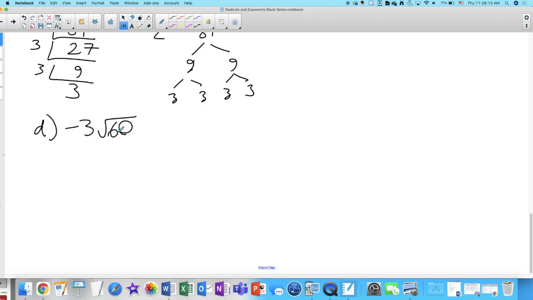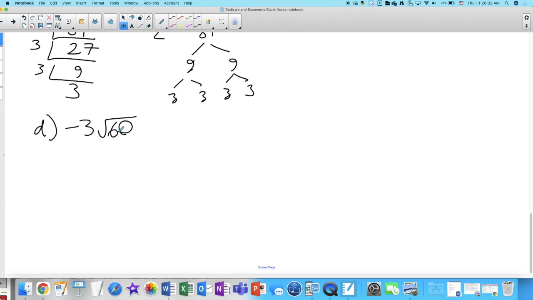But it's not simplified. So to simplify it, we actually have to just work on the square root of 60. And then the whole thing gets multiplied by -3. Okay, because this guy probably has a perfect square factor in it.